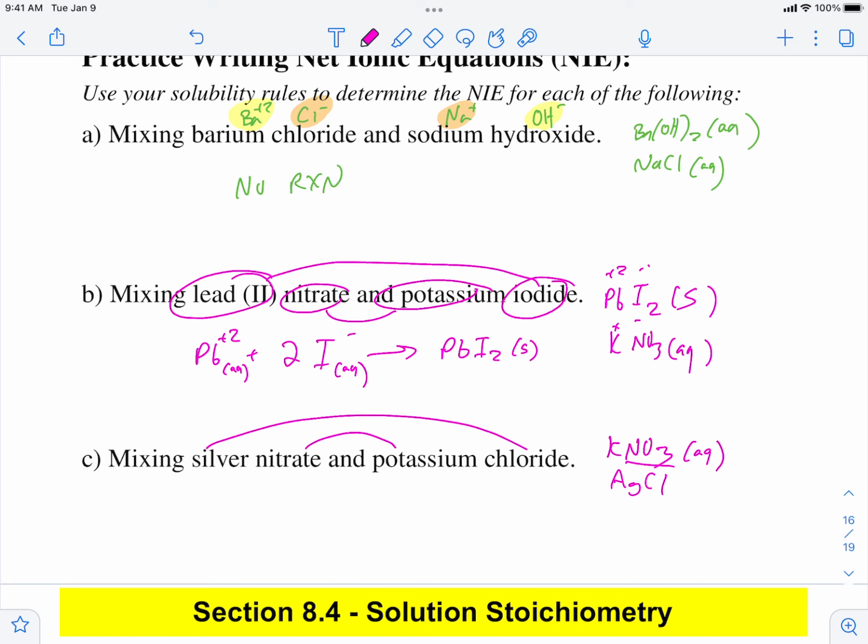AgCl, it's a halide, and halides are soluble except for silver, lead, mercury, so that is our solid. So our net ionic equation will contain just those ions. And your product is the solid.